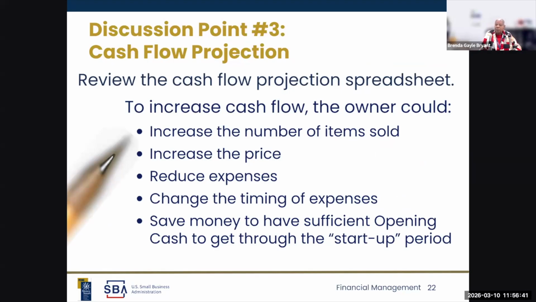Now, if you sell more items, will you be making more profit? Because if you're selling items, you have to buy those items in order to sell them. Do you have to make those items in order to sell them? Is that going to increase your liabilities in order to increase your assets?